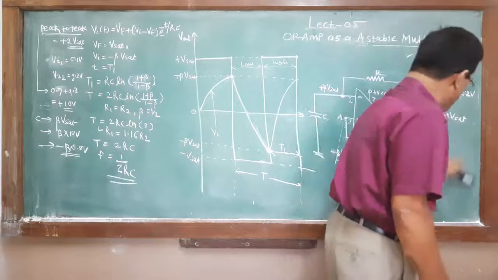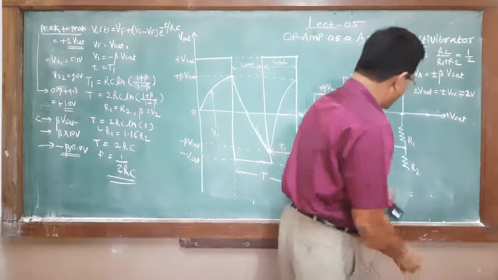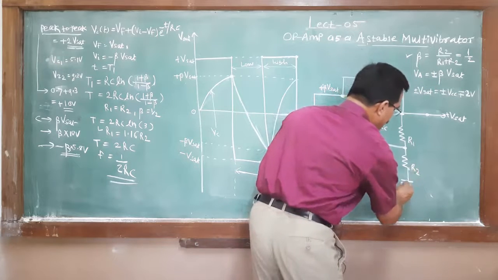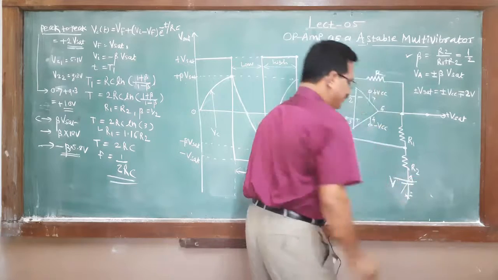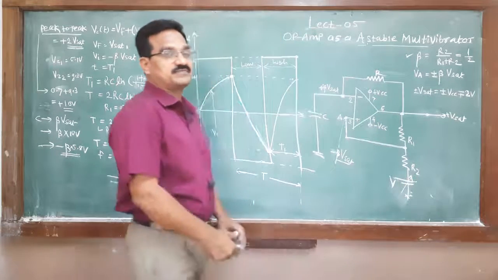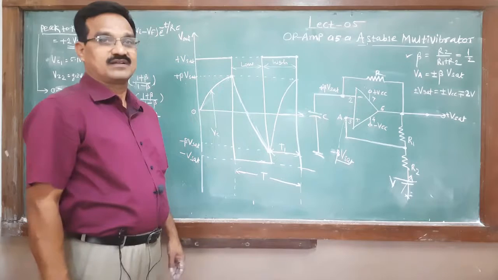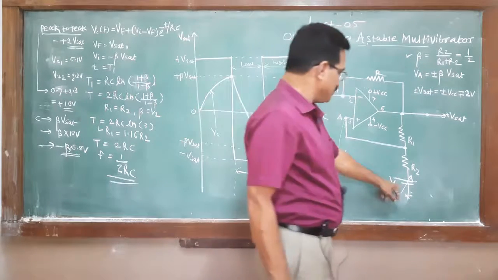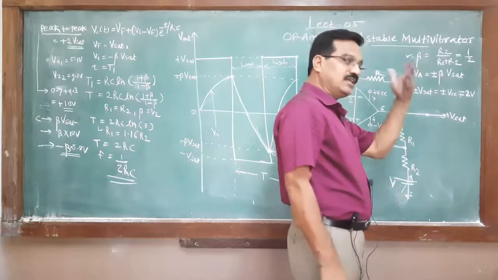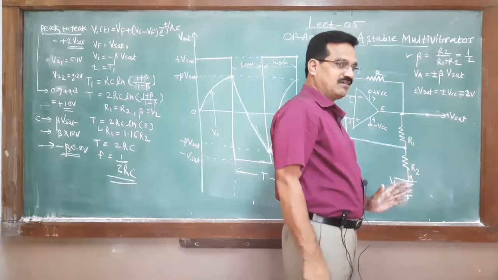In addition to this, another method is to use the voltage V. Use this variable voltage for obtaining the output asymmetrical. How will you obtain it?